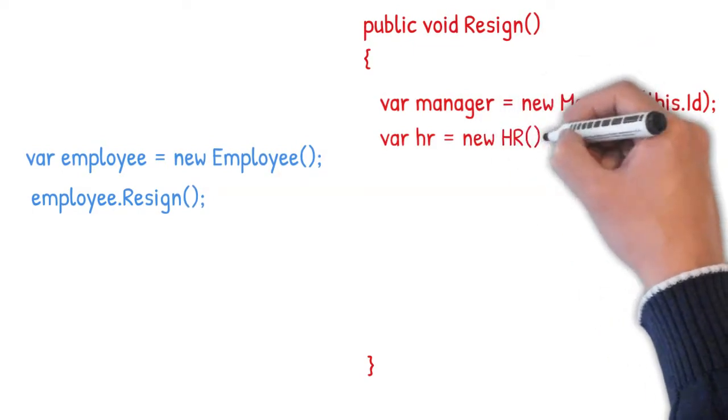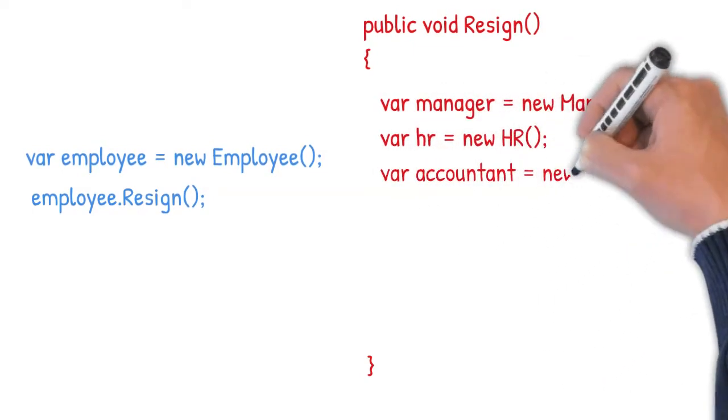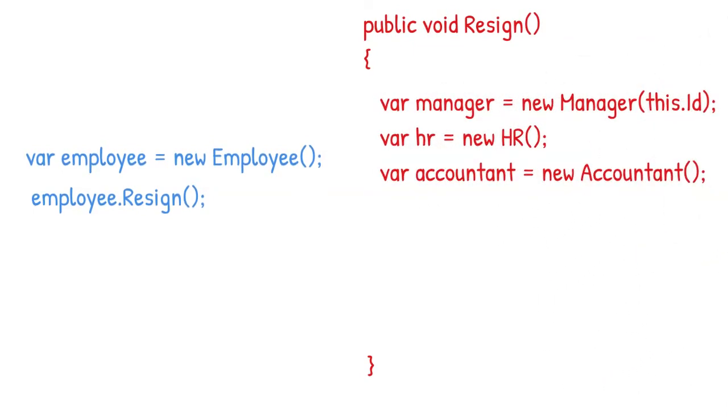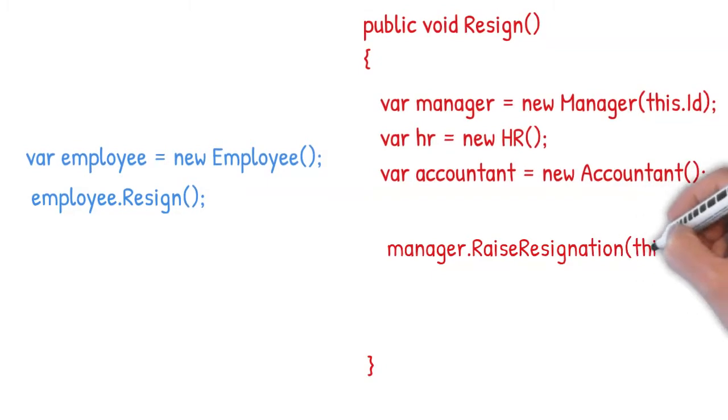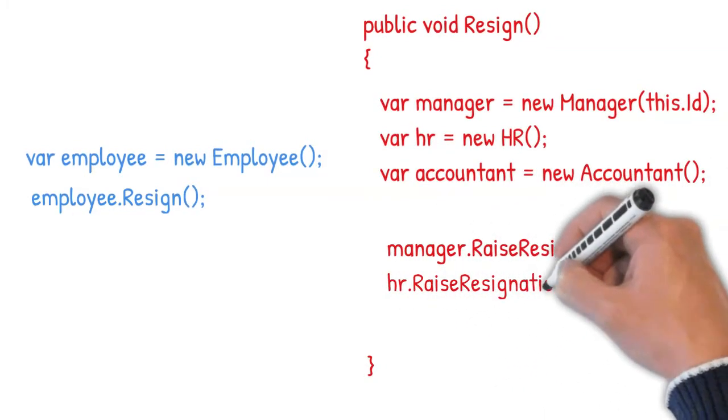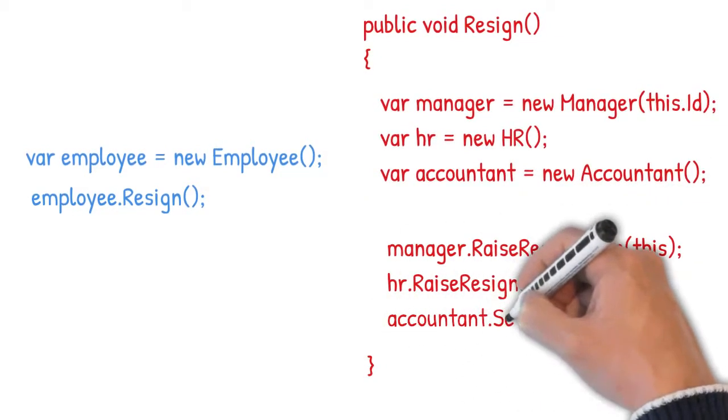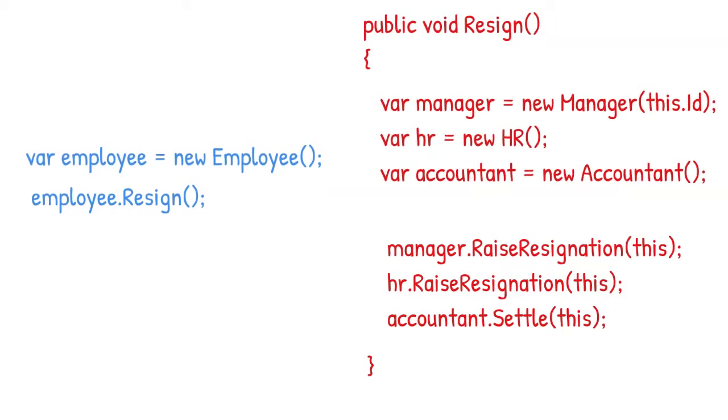So for that, we'll have to create the instance of each of them. And once we have those instances, we'll invoke the appropriate methods for those. Like for manager and HR, we'll notify them that the employee has resigned. And for the accounting team, we'll notify them to initiate the salary settlement.